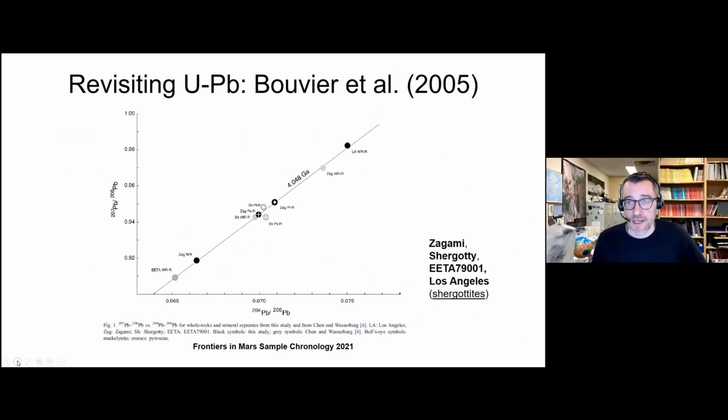Meanwhile, Audrey Bouvier and colleagues published a paper around the same time where they looked at shergottites as well using the lead-lead system. This is with a series of leachates and residues, and with a series of leaching of the mineral separates, and they plotted them up along with the Chen and Wasserburg data, and showed that they plot very nicely on a line that has an age of 4.05 billion years.